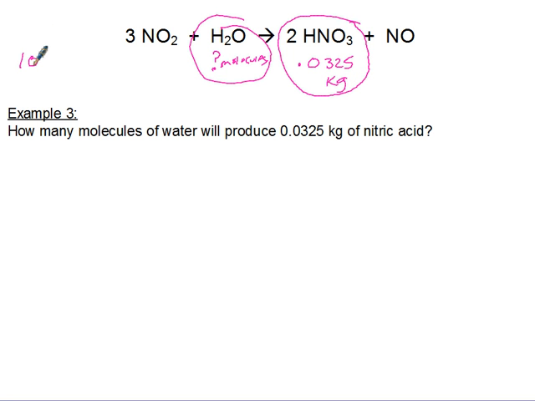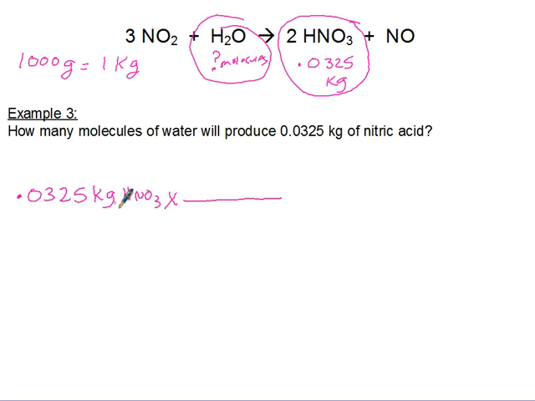And this was the exception that I was talking about in the beginning of this lecture. So we're going to take the 0.0325 kilograms, and we're going to convert that to grams right off the bat. I know that I said the first thing you have to do is convert to moles, but there are some special cases.